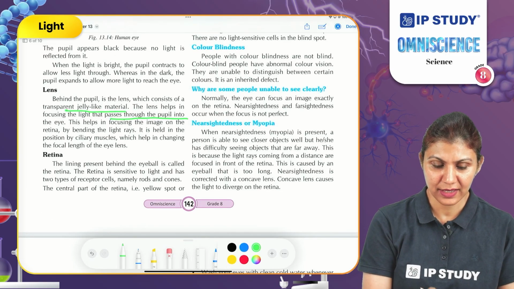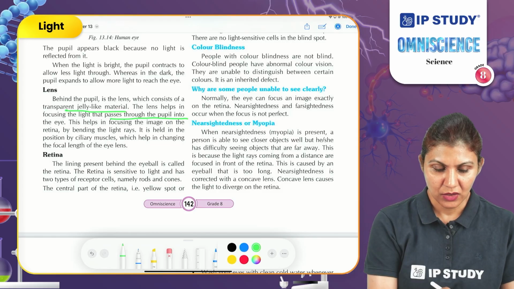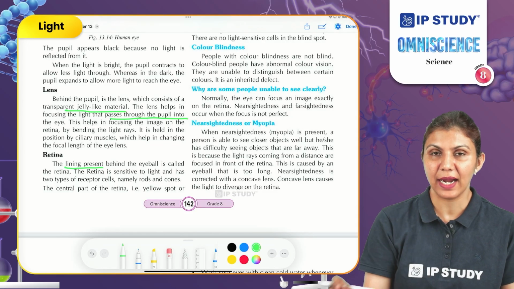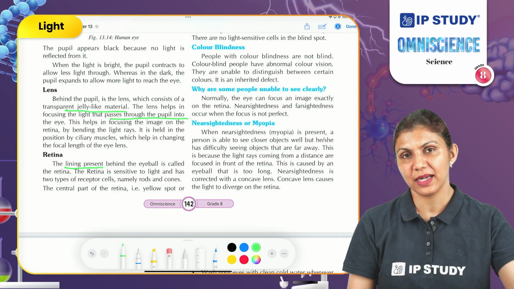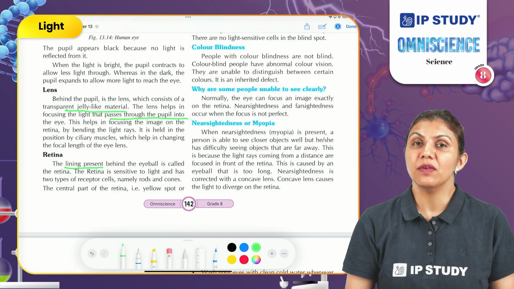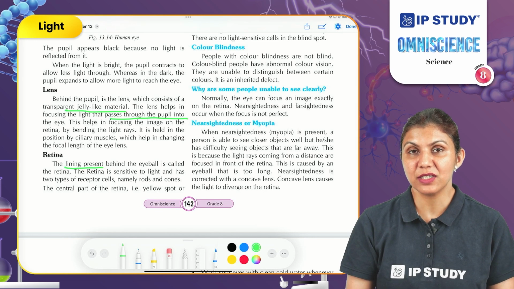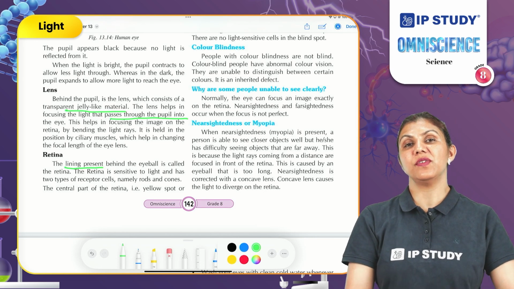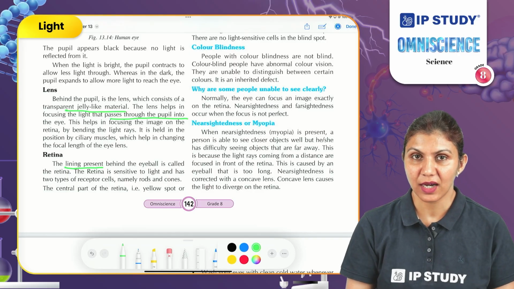What is the retina? The retina is like a screen at the back end of your eye. It is a lining behind the eyeball, on the other side of the eyeball, which forms the images of the different objects which reflect light that enters your eye.